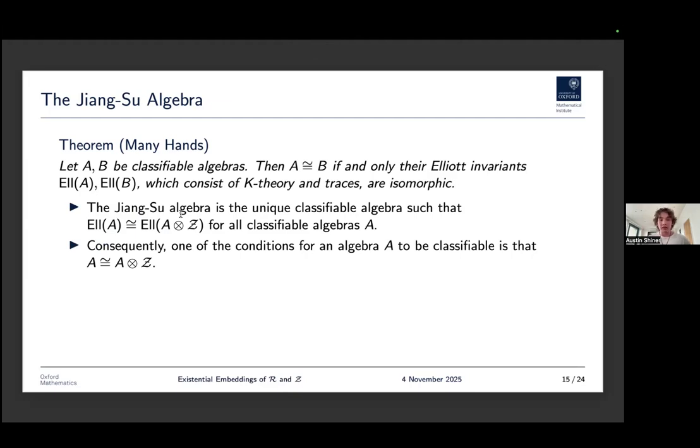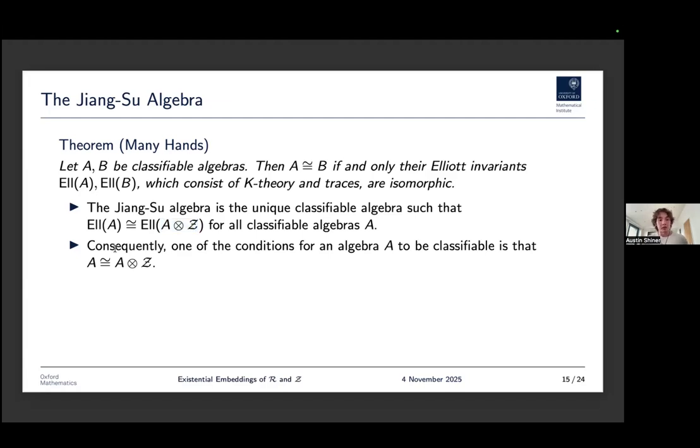So you might be thinking, well, the classification theorem says that you classify by the invariant, and we have an algebra A and an algebra A tensor Z that have the same invariant, so logically they must be isomorphic, or this might not be classifiable, but that is.